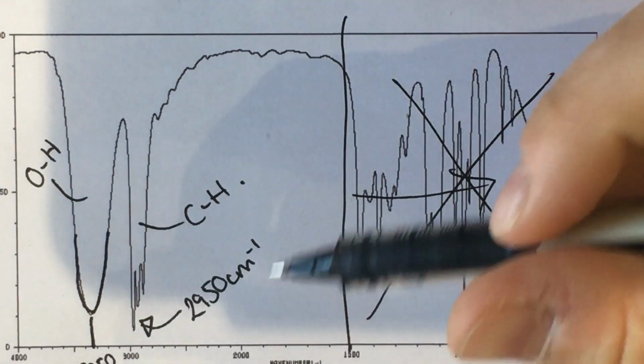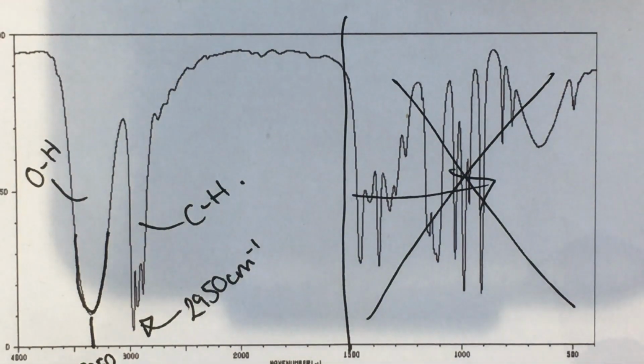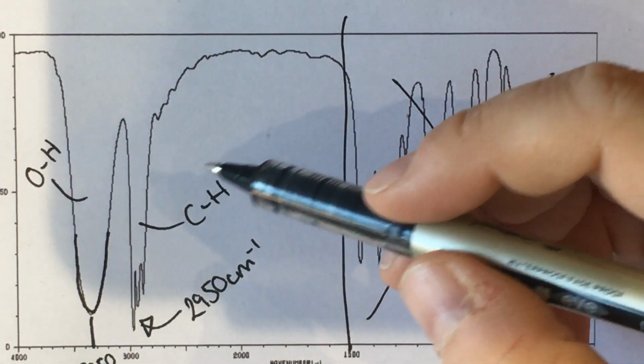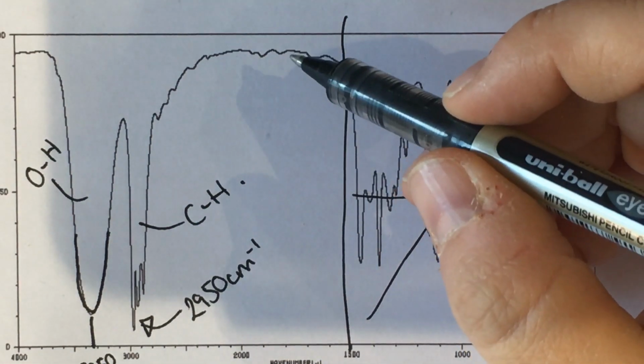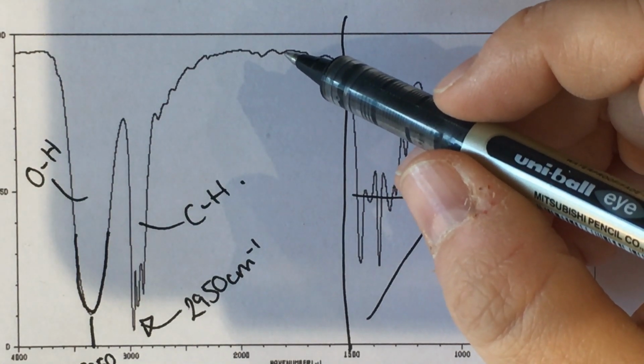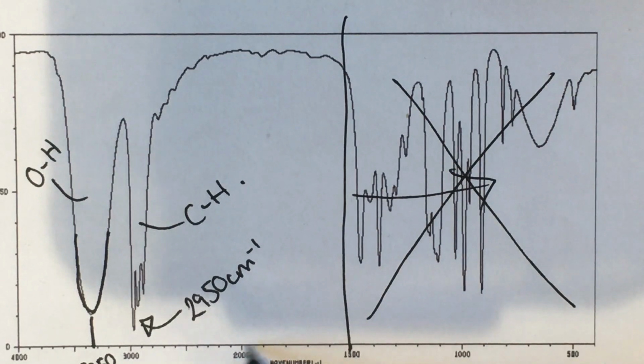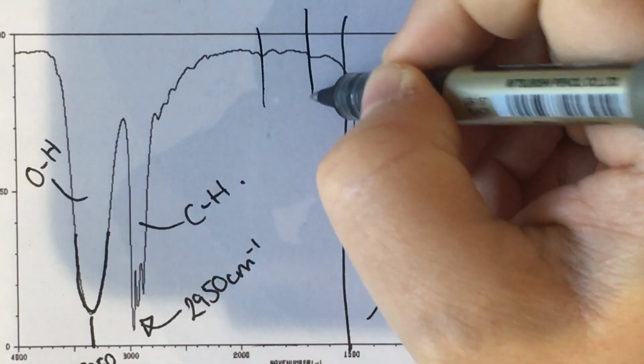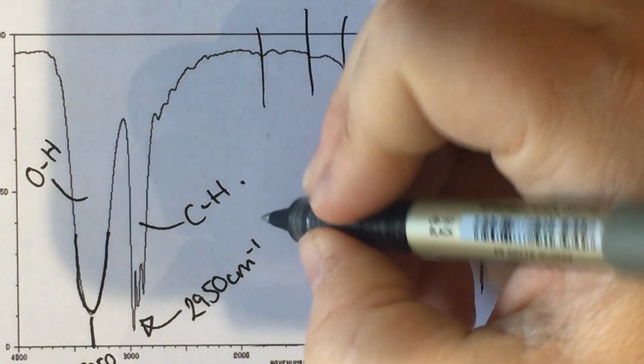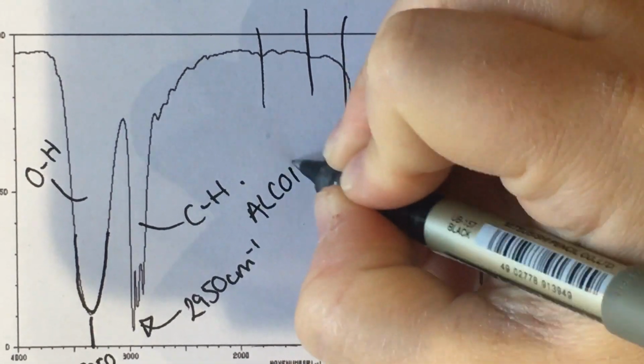Now OH peaks that you will see will usually be alcohols or carboxylic acids.